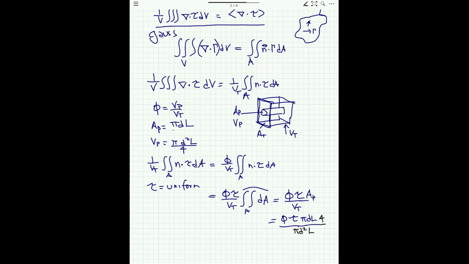Pi's go, the L's go, d, and this is going to equal phi tau 4 over d. Okay, so that's the average of the divergence of the shear stress, assuming that the shear stress is uniform over this circular pore.